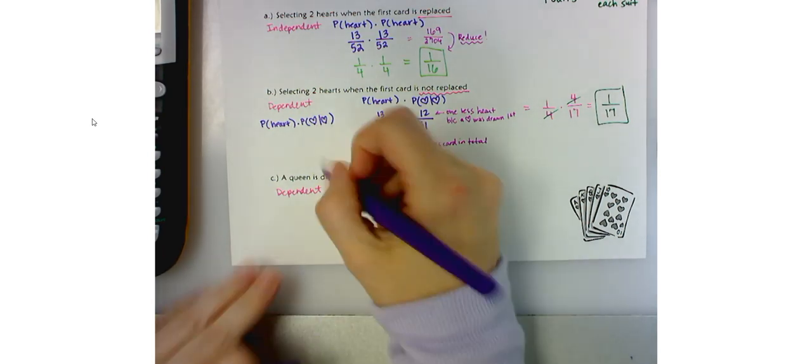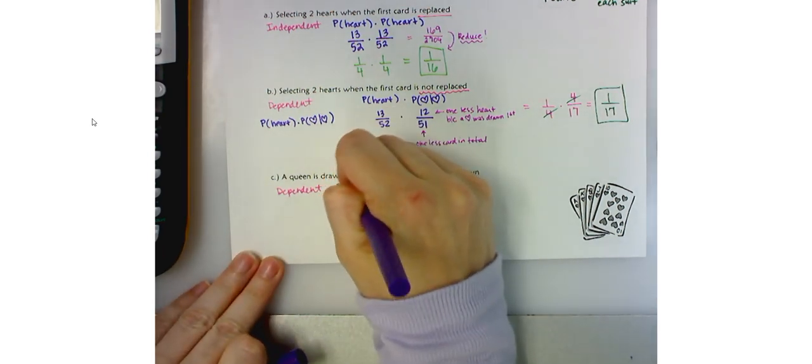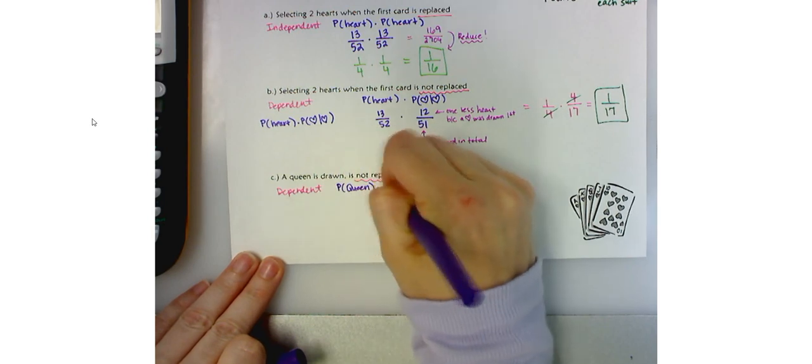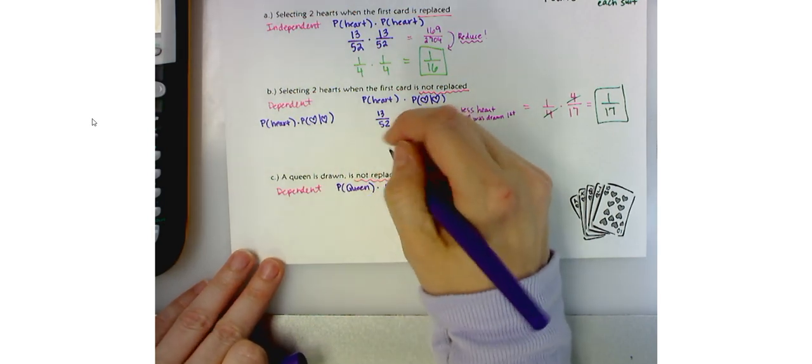All right, so then the queen, how many queens are there? 4. If it's not replaced, your total drops down to 51. Okay, what's the probability that you're going to draw a king given that a queen's already been drawn?